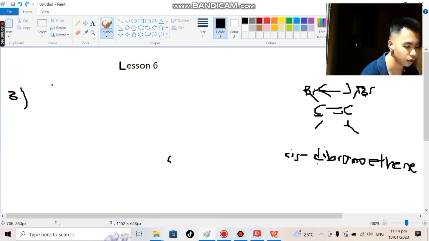This means that this is a dibromo, and then ethene, because we have two carbons bonding with each other with a double bond. So again, this is a cis-dibromoethene.